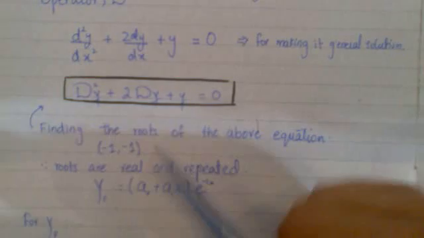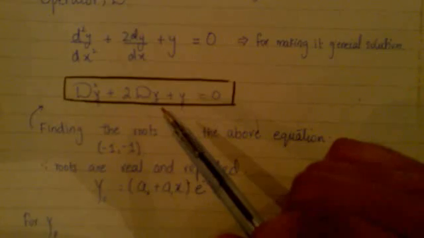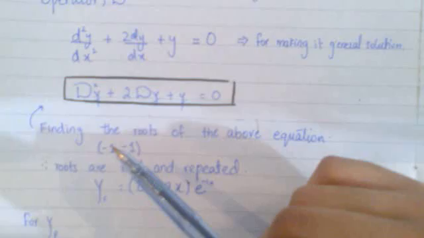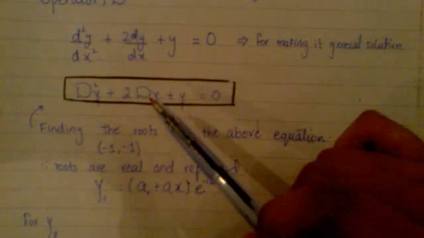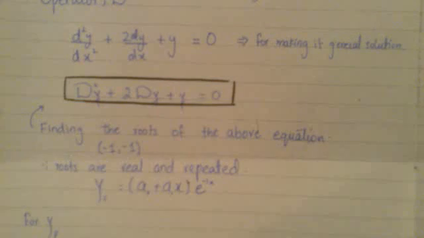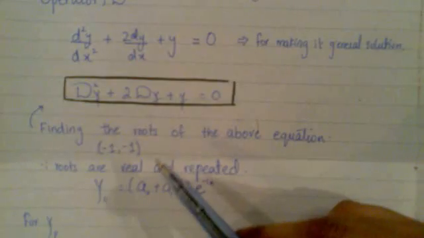After forming our auxiliary equation in terms of the differential operator, we will find the roots of this equation. In this case, the roots are -1 and -1.